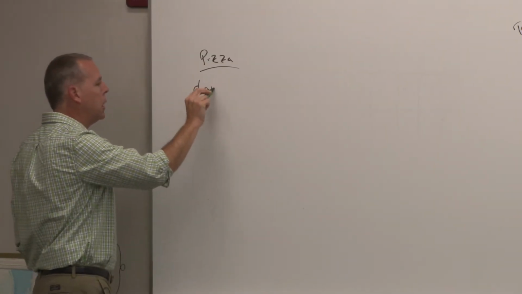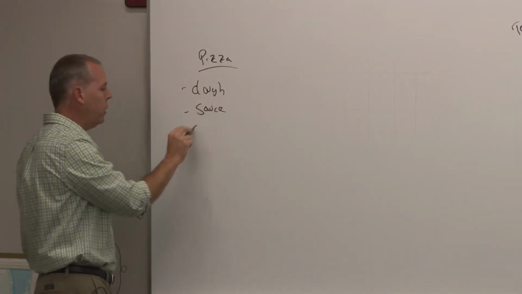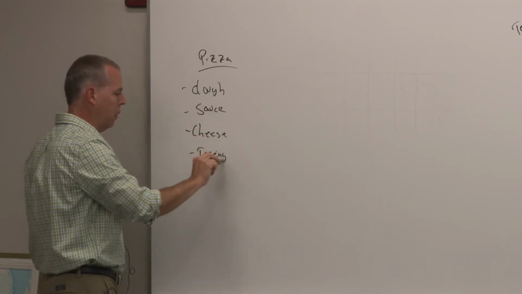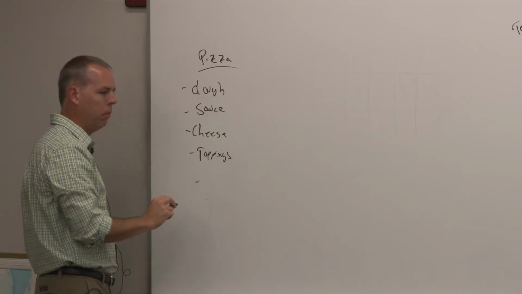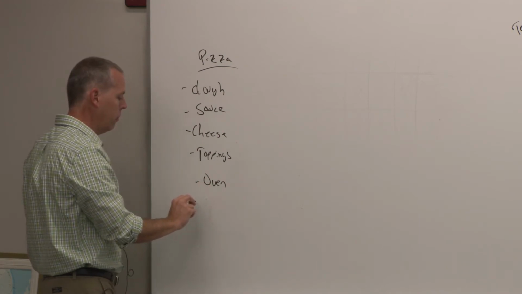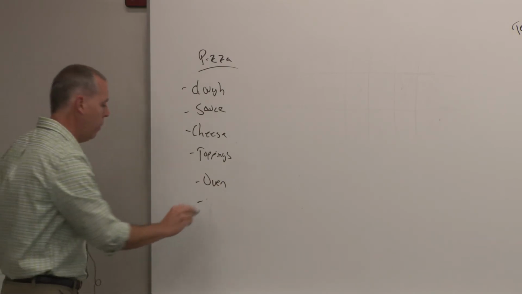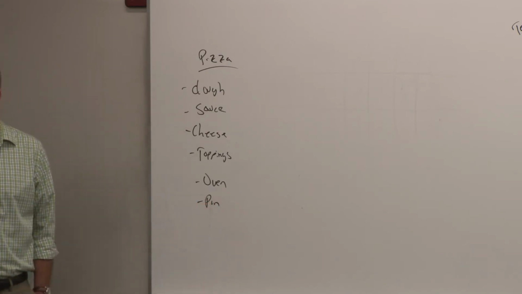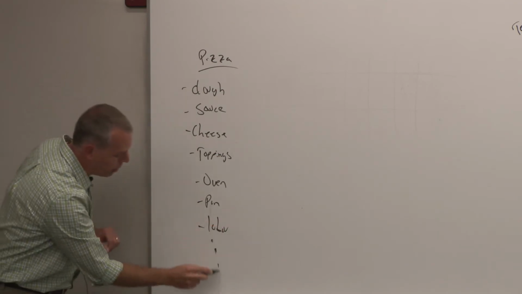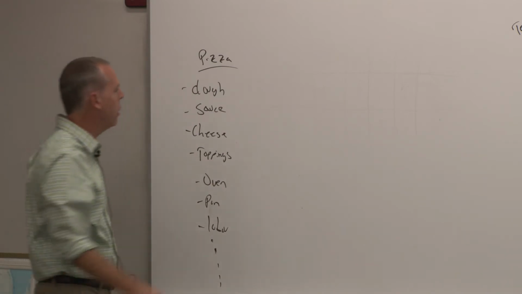Dough, sauce, cheese, toppings, an oven. What else? A pan. Is pizza going to assemble itself? Labor. And so on. You've got an idea of what it takes to make a pizza. You've all seen pizza before. You know what it is. It's not that complicated.